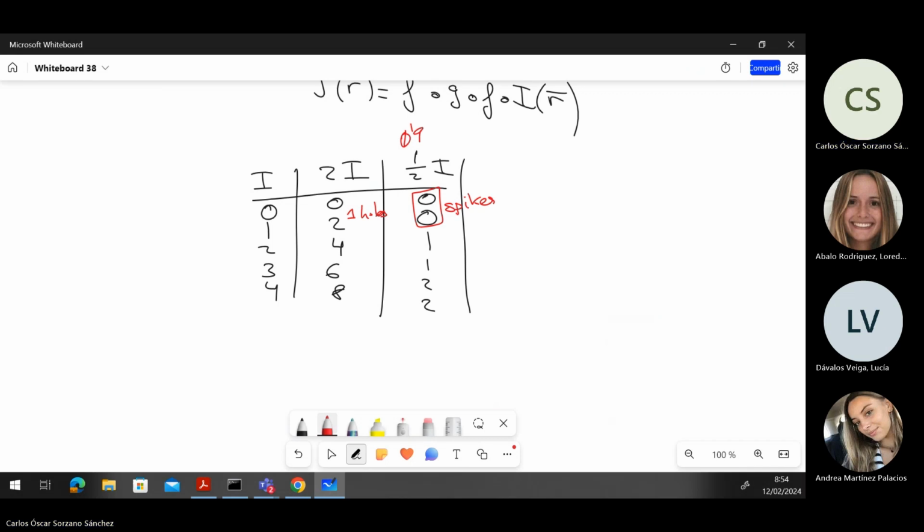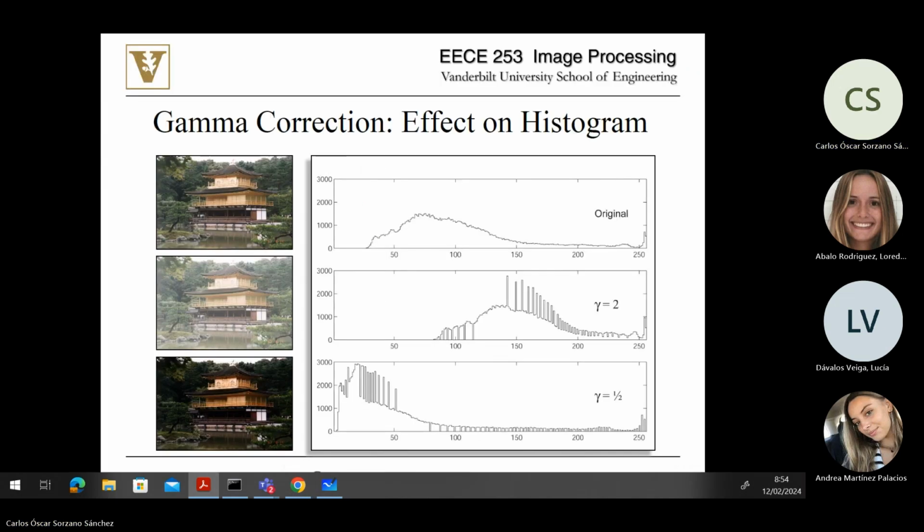Okay, so for some of the values that will be spiked, for some others that will not be. So these spikes are where we are decreasing the contrast. These holes are where we are increasing the contrast. Same here. Spikes, these are the holes. And we understand where they're coming from.